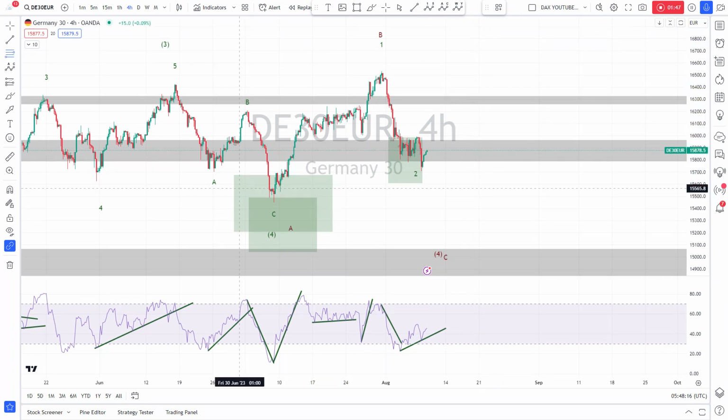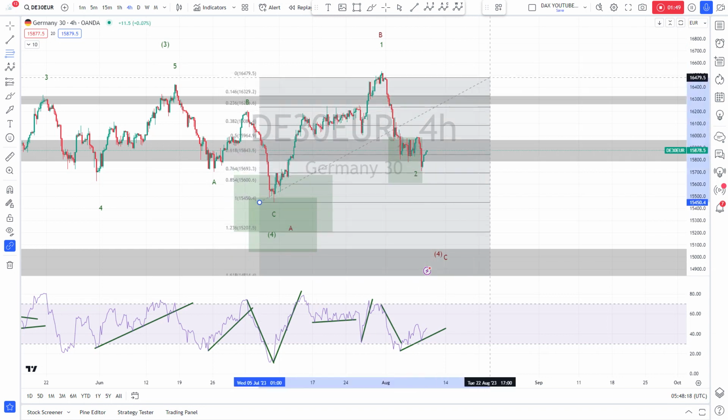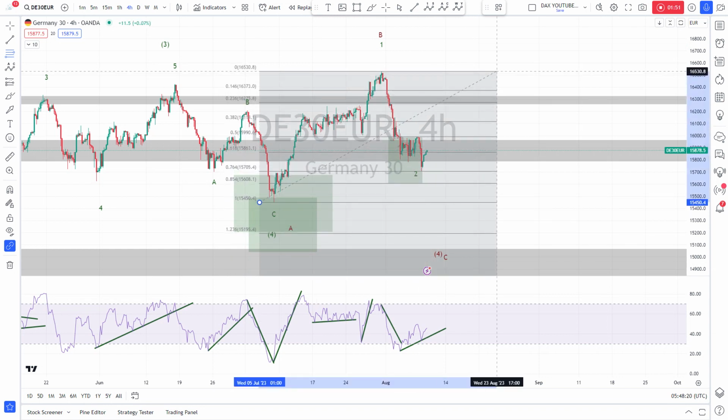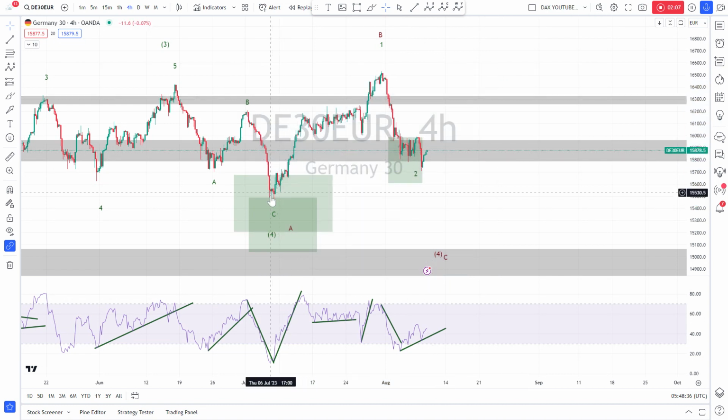Our wave 2 area we can find by taking the length of our wave 1, and then the area between the 0.5 and the 0.854 fib retracement is the area where we should go as a wave 2. For sure, we cannot take out this low here, otherwise this is not a wave 2 anymore.